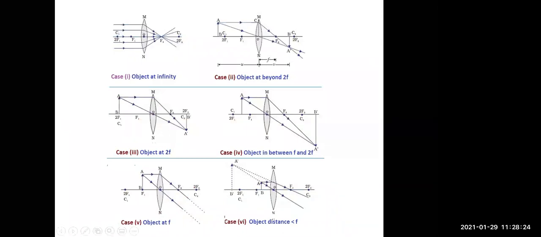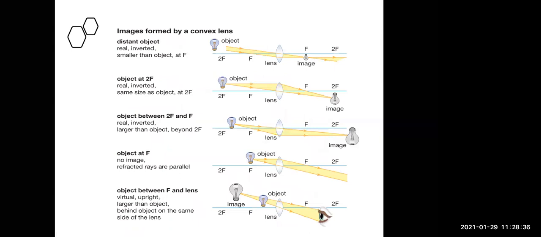Object at f, here the case 5. Here we are getting an image at an infinite distance, and the image will be very large, and it will be real and inverted. You can see the fourth one, object at f, where no image is shown because it is at infinite distance. In this case we are not able to show the picture on the paper because the image is formed at an infinite distance. So the nature of the image will be real and inverted.